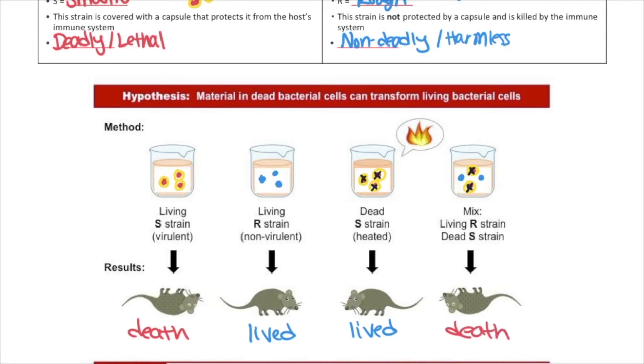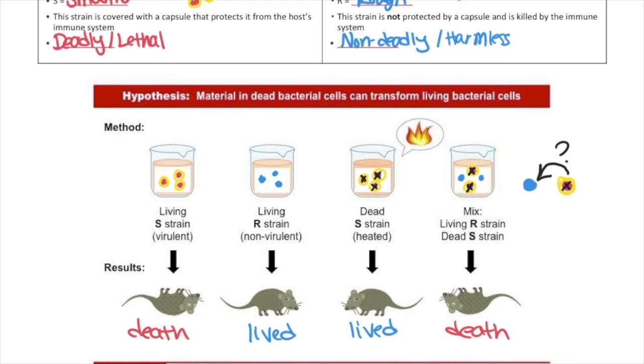Something must be transforming these bacteria. So when we think about it, here's the living bacteria. Something from this dead S strain must be transforming that bacteria. But what is it?